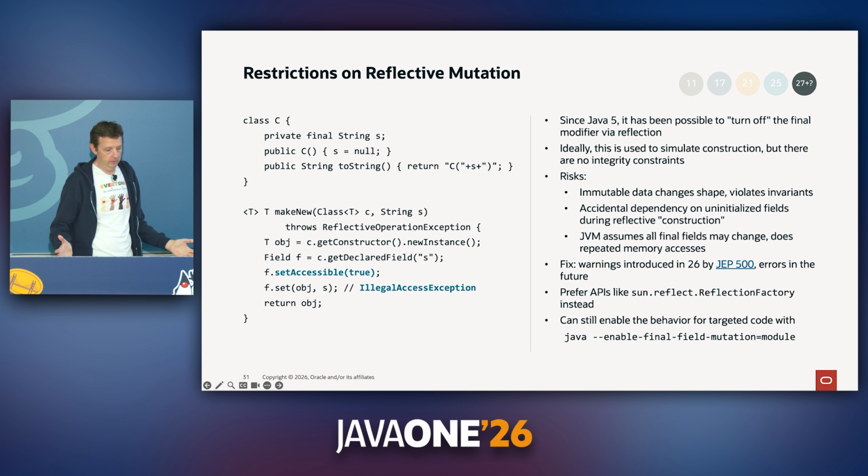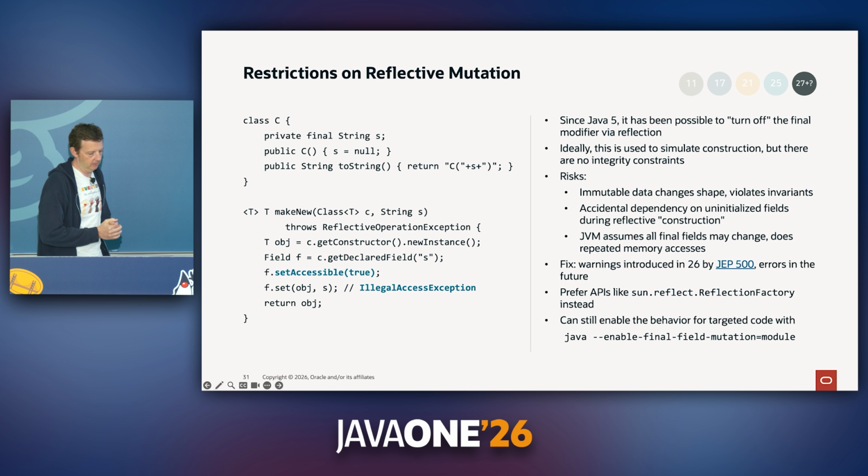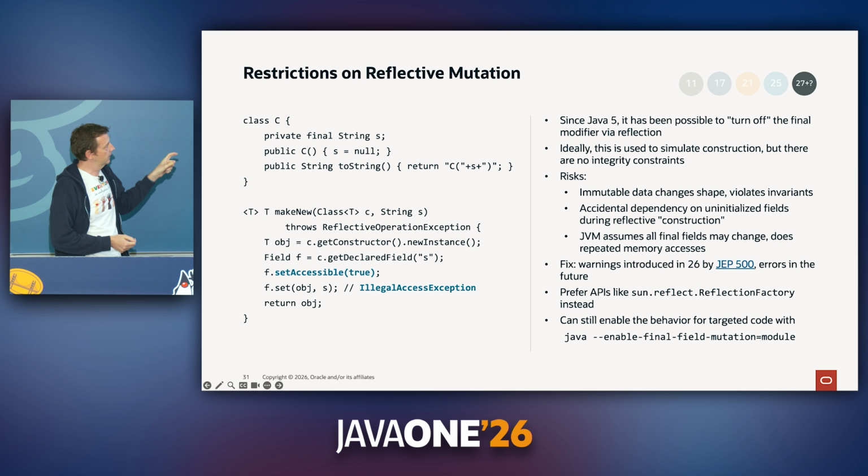Another thing people try to do when they want to sort of indirectly create instances of immutable data classes is use reflection to get at a final field and turn off the final capability. And so the field has a set accessible method.